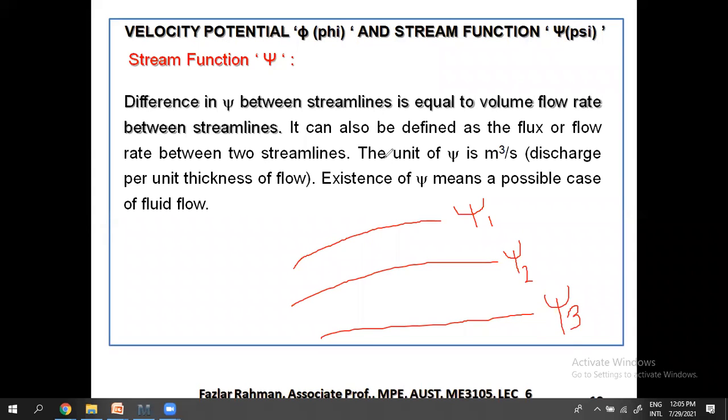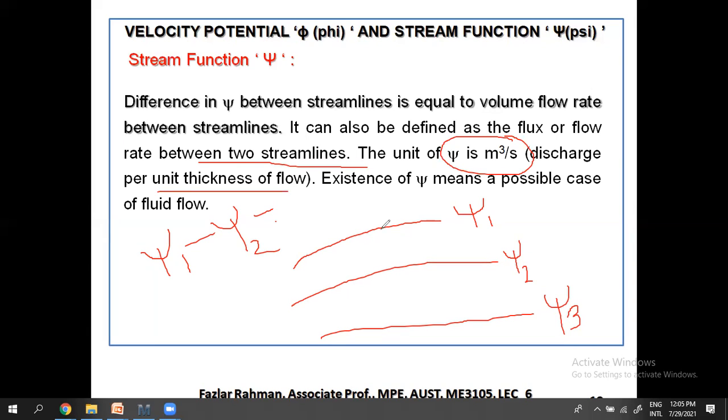If you figure out the difference between two streamlines, that is psi 1 minus psi 2, this represents the volume flow rate. It can also be defined as a flux or flow rate between two streamlines, and its unit will be meter cube per second. That means discharge, and we sometimes call it Q, per unit thickness of the flow.